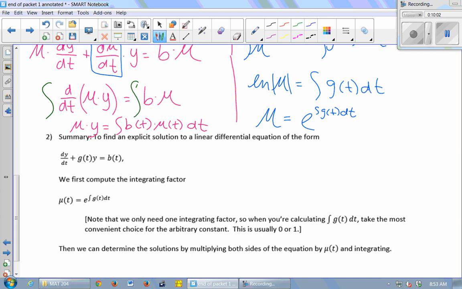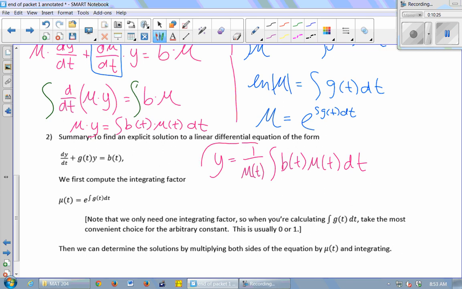And then finally, to get y by itself, just divide both sides by the function μ. So the last thing is that y is 1 over μ of t times the integral of b of t μ of t dt.